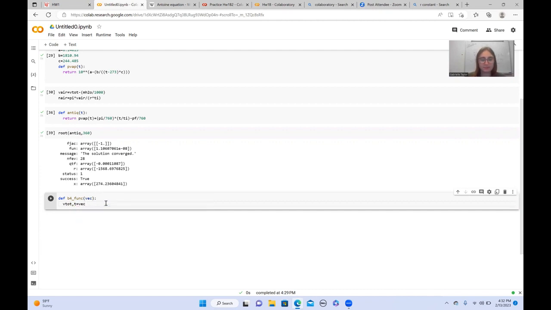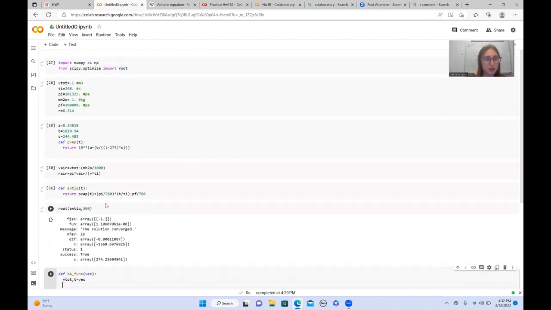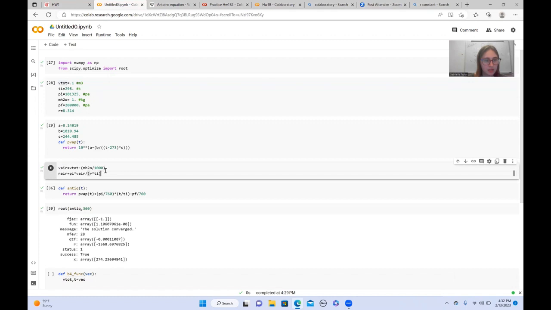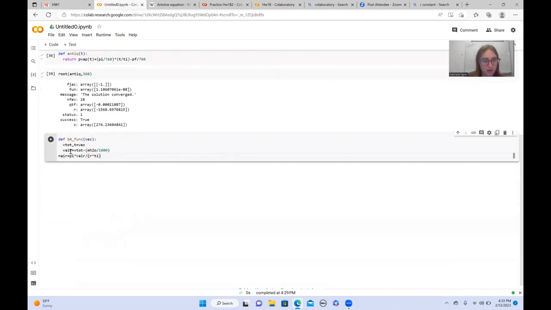Okay. Now, since the volume of our container is not known, we have to put in this because all of this stuff is going to be changing. So we have to put it into this right here. Let's just tab over.